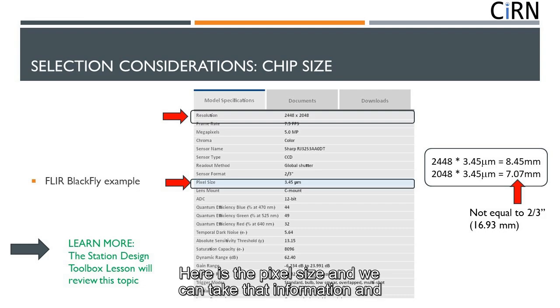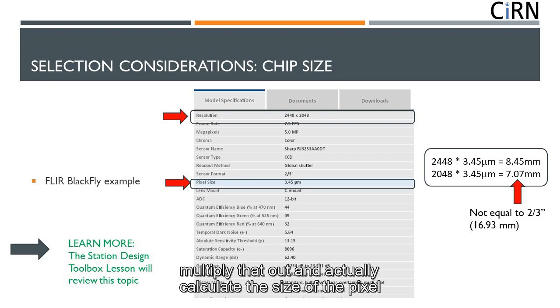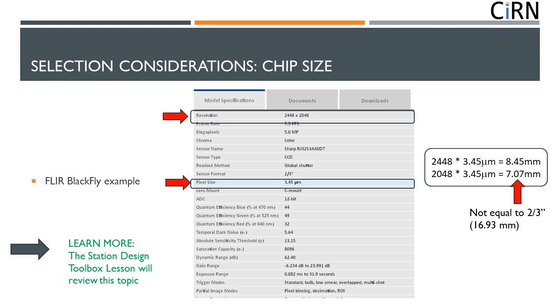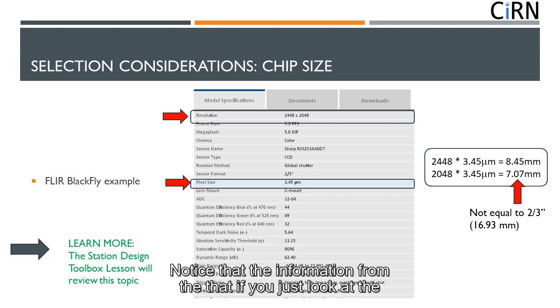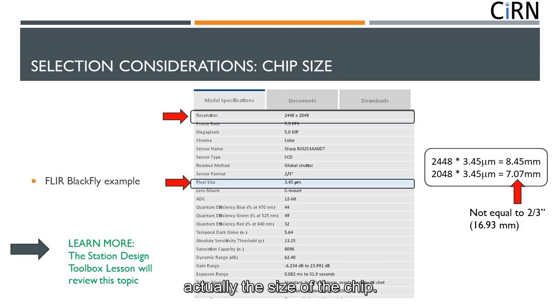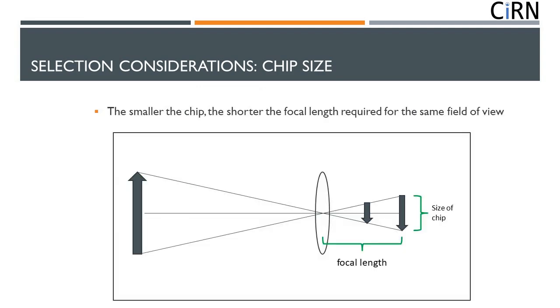Here is the pixel size, and we can take that information and multiply that out and actually calculate the size of the chip in millimeters for our horizontal field of view calculation. Notice that if you just look at the general information about the camera, it'll tell you that it's a 2/3 inch lens or a 2/3 inch chip, and that's not actually the size of the chip. So as you go to put your information in a station design toolbox in a later step, you'll actually want to make that calculation yourself.